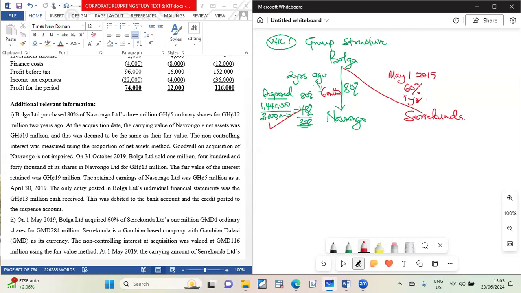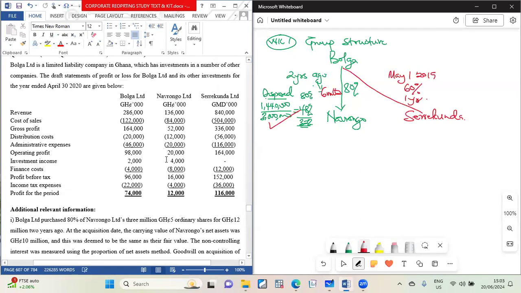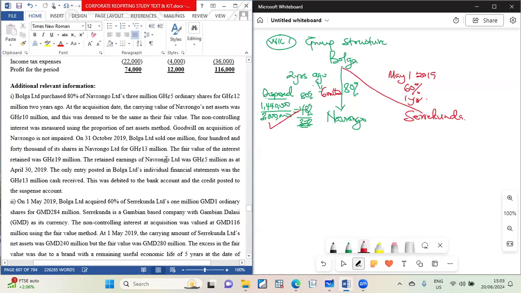All right. And in this question, you realize that we don't have stated capital to do our workings 2, right? We don't really have them. And so he says that at the acquisition date, the carrying amount of the net asset was 10 million. And this was deemed to be the same as their fair value.